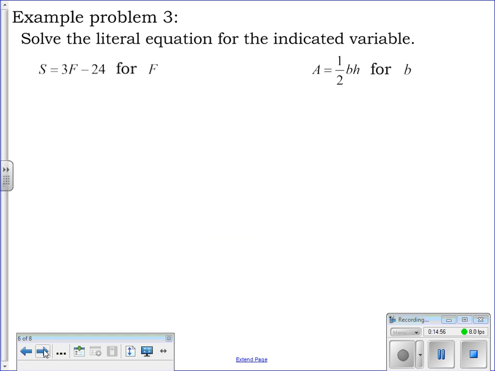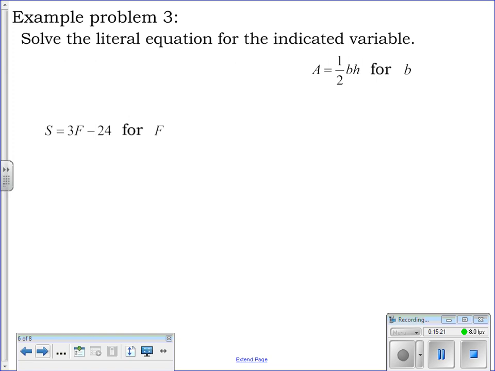Okay. Now we get to our literal equation part. Solve the literal equation for the indicated variable. So I need to take this equation, s equals 3f minus 24, solve for f. My steps and processes are exactly the same, regardless of what the equation is made up of.